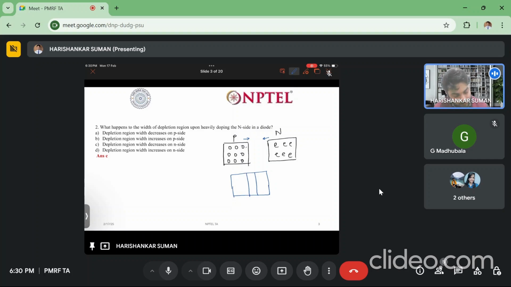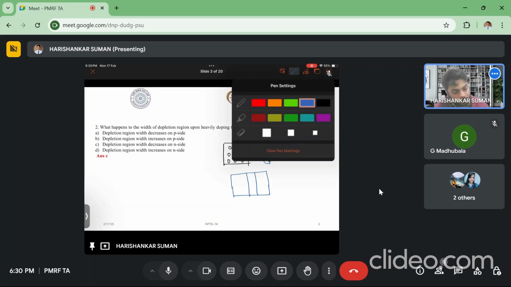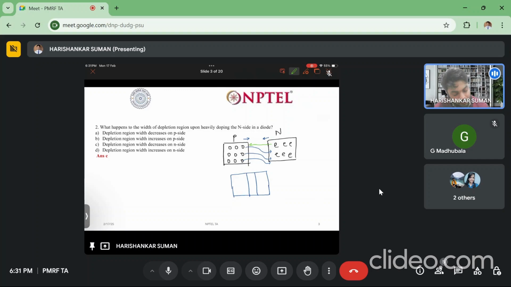If holes diffuse from here to here, and electrons diffuse from here to here, which charges are there? This is electrically neutral initially, but when electrons go out, positive charge will be there.